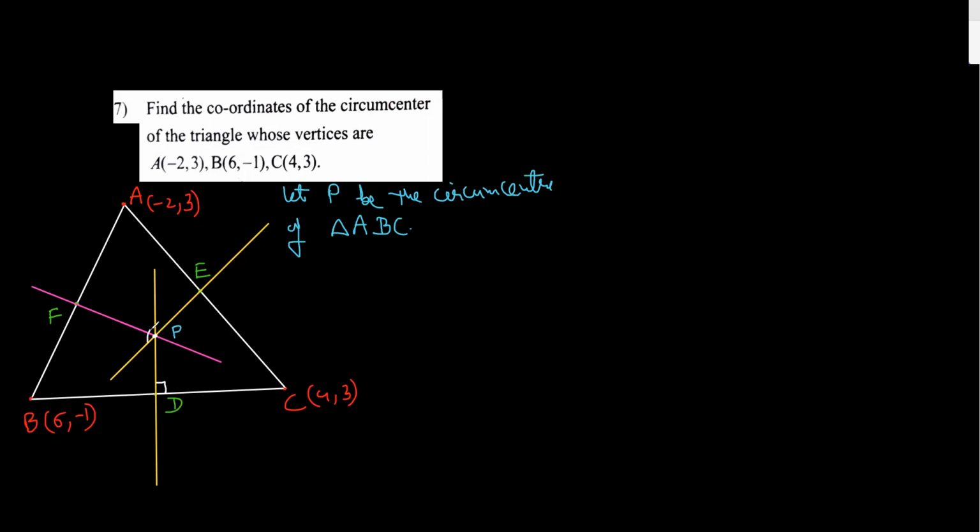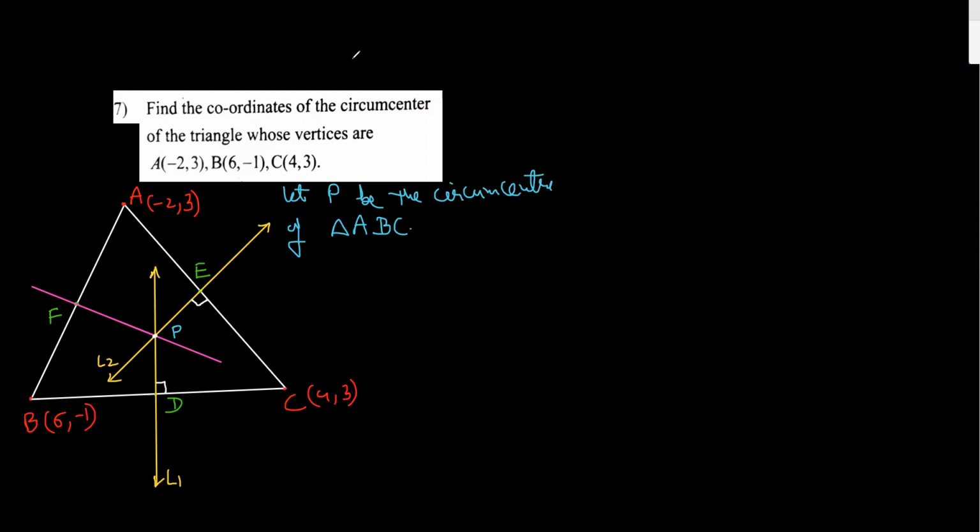look at this point. In order to get the coordinates of this point P, I will find the equation of the perpendicular bisector of BC, that is this. Let us call this L1. And let us call this perpendicular bisector L2.